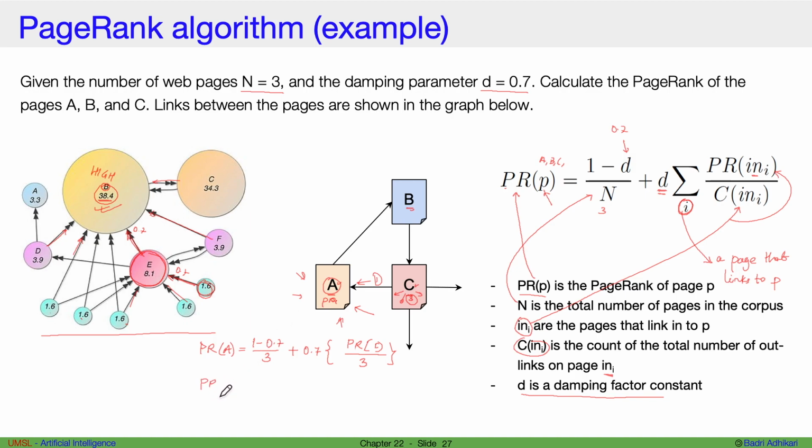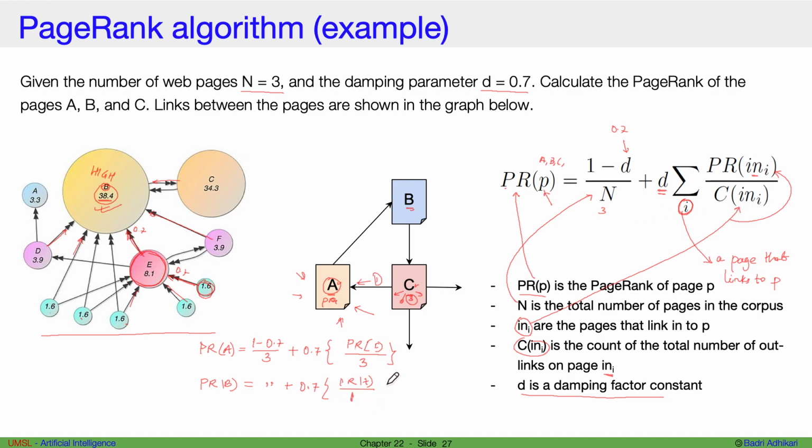Now let's look at the page rank of B. The page rank of page B will be equal to the same constant plus my damping factor 0.7. Now I will look at all the inlinks to B. There is only one page that links to B, which is A. So this will be the page rank of A divided by the number of outlinks of A, which is only 1.